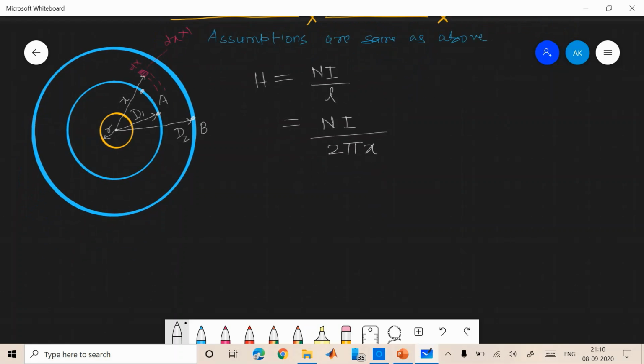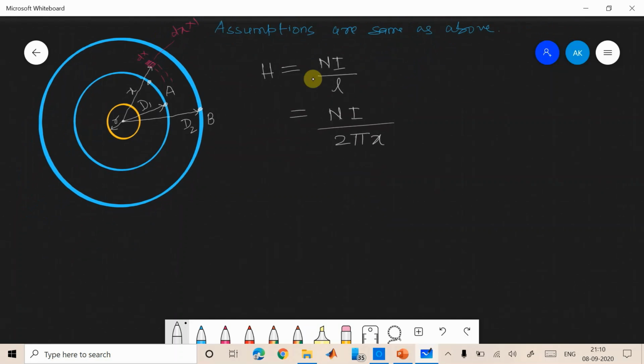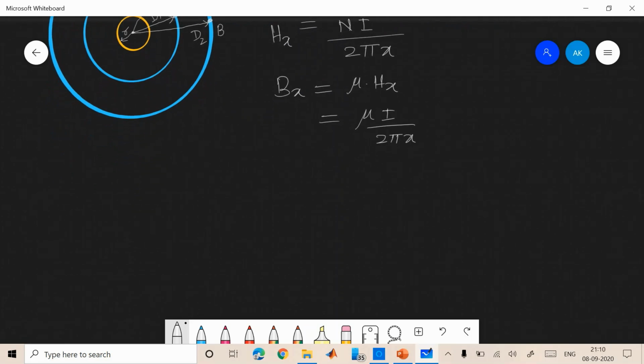Okay, now we will write corresponding Bx. So this was your Hx, H at distance x. Now we will write Bx, magnetic field density. So B is mu H, you know this. So mu times Hx. No problem. Write the expression of Hx. Hx is I over 2 pi x. Okay. What will be d phi x?